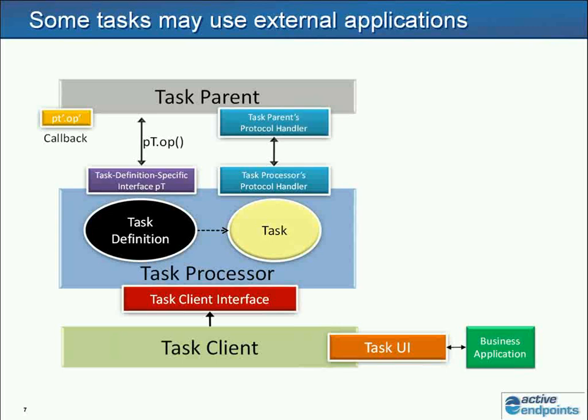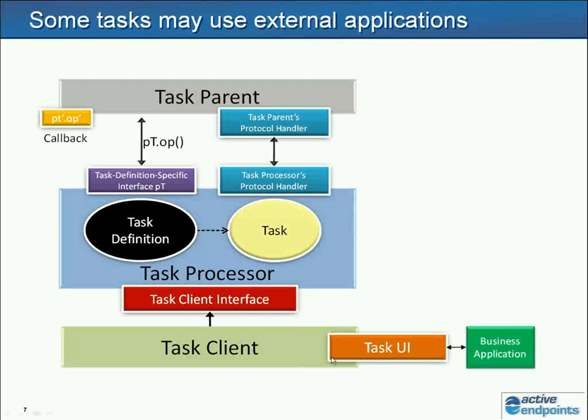And the task client then has some way of presenting a user interface to the user, and it may include the use of a business application. Like it might say, go fill in this Excel spreadsheet and fill in the details. So the business application here would be Excel, which it's using as part of the UI. It's handing you a document you've got to use another application for.